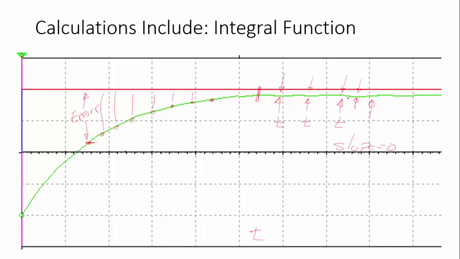The proportional term isn't going to be doing anything either, because the proportional term is basically what we saw before: the error times the gain. So the error is very small, which means it's not going to do a whole lot. I'm really needing the integral term to try to get rid of this small little bit of error in the system.